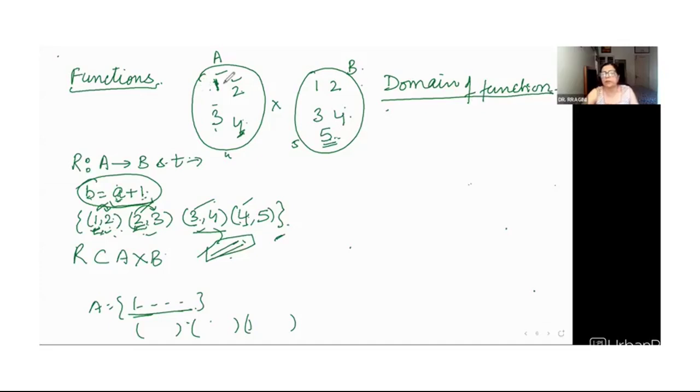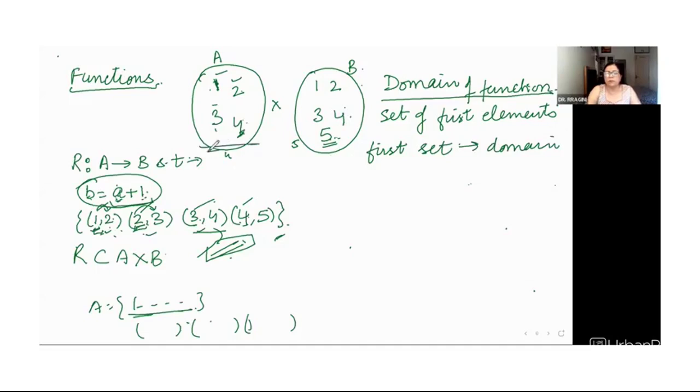The definition is still the same that we had learned in relations, but since we have to take the whole set as the first element of the ordered pair, the first set is the domain of the function, right?